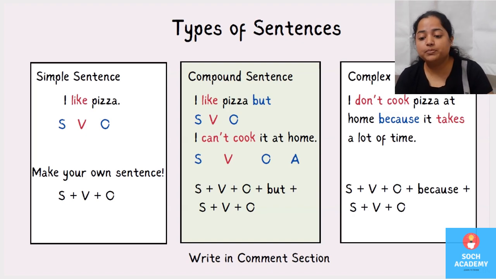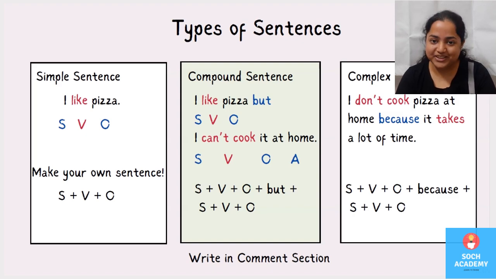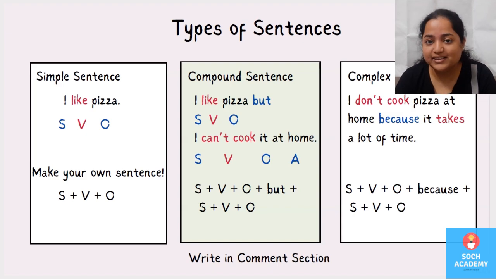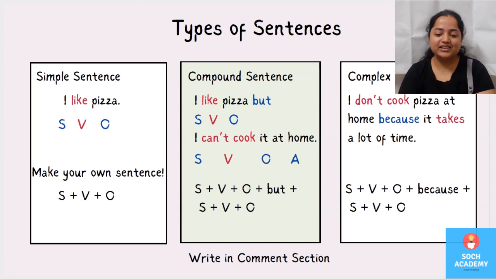So I don't cook pizza at home is the independent clause because it conveys a complete meaning, and because it takes a lot of time is a dependent clause because it conveys no meaning on its own. Think about it, because it takes a lot of time. For what? Right? So this is how you can identify a simple, compound and complex sentence from each other.